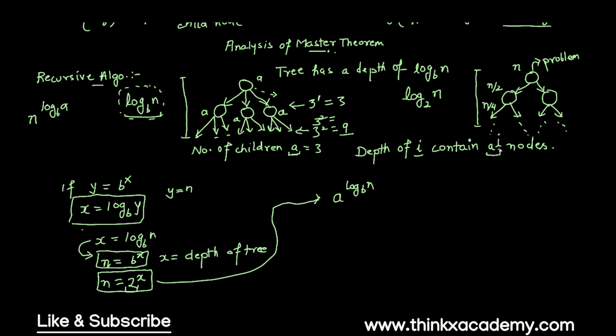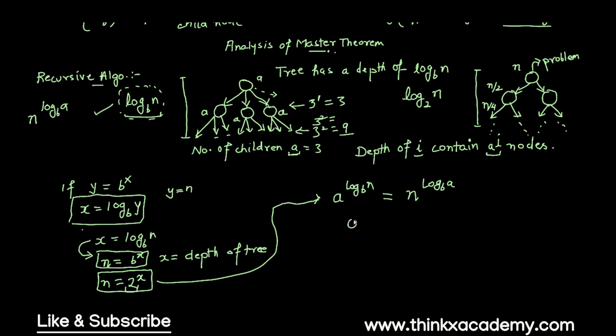If the depth is log base b n, then the depth i will contain a raised to the power log base b n nodes. This can be re-evaluated as n raised to the power log base b a, which represents the depth i containing a raised to the power i nodes.